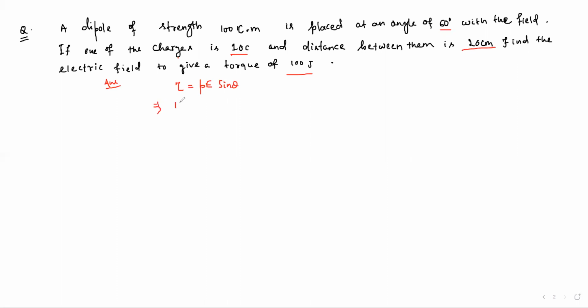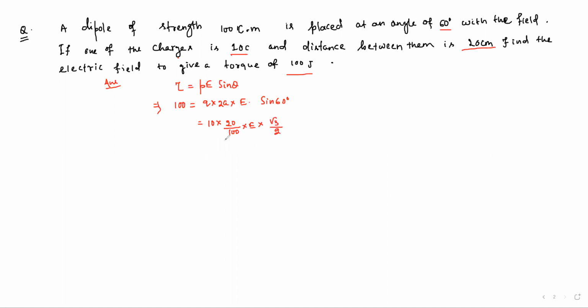So tau is given 100 joule and P you have to find, Q into 2A, E sin 60 degree. Q is 10 Coulomb, 2A means the distance between them, 20 by 100, into E into sin 60 is root 3 by 2.